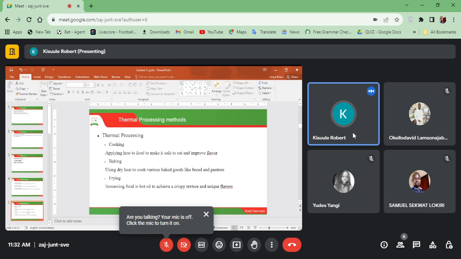So with thermal processing, you exert heat to the particular foodstuff so that you can maybe soften it, or maybe you can add color to it, make it edible, etc., according to the needs of the person creating the product.